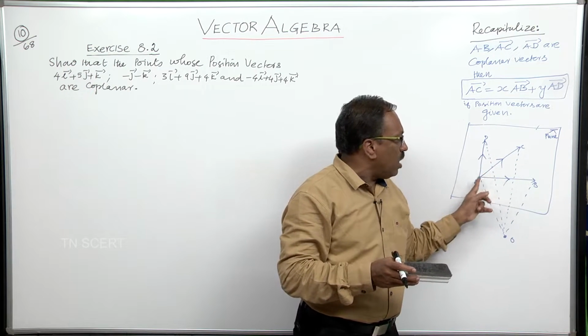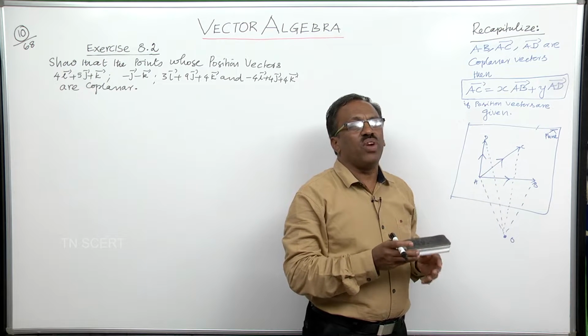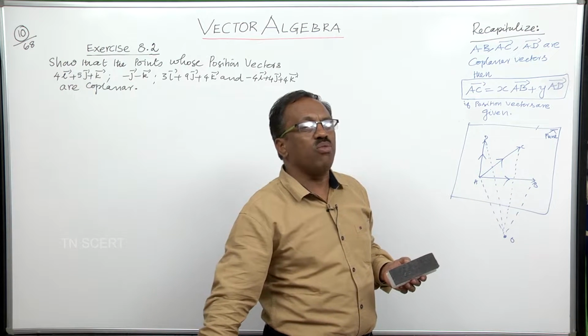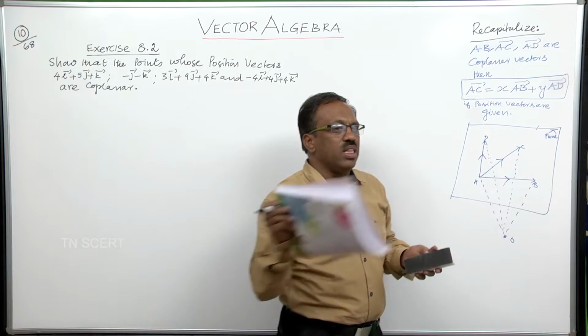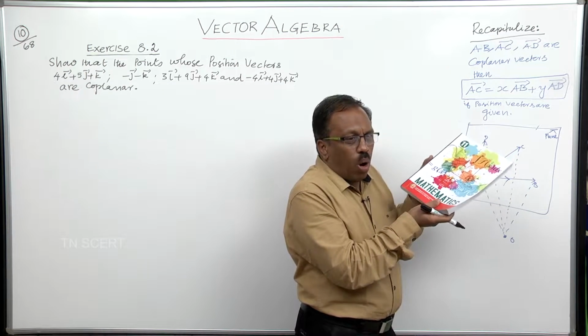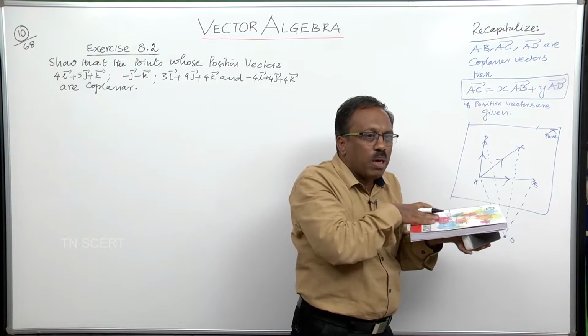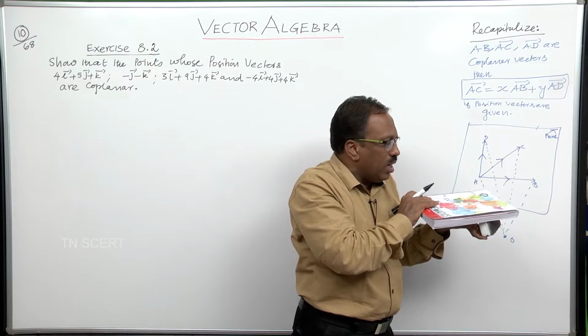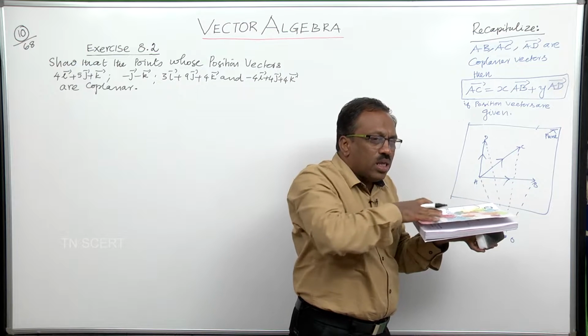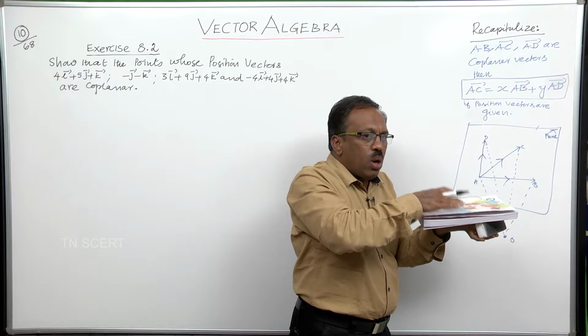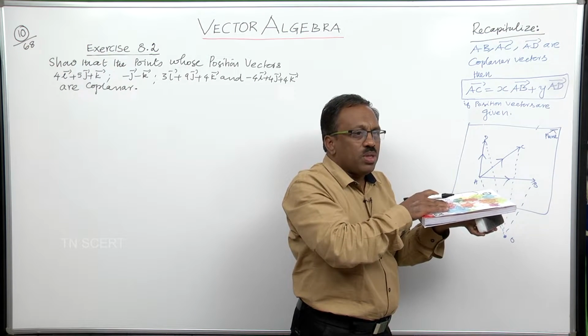In that plane there are points that we locate. See, like this is a plane, and in this we are representing the vectors. In what way?